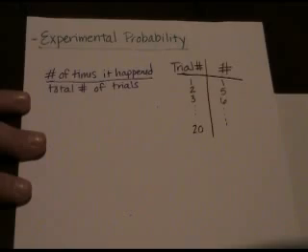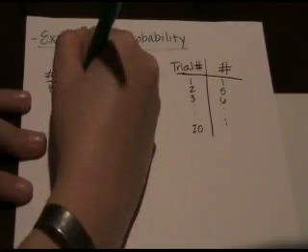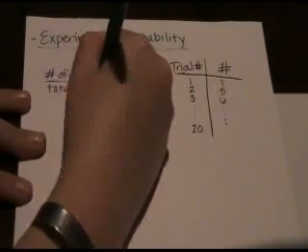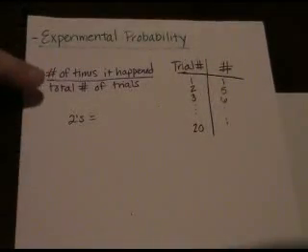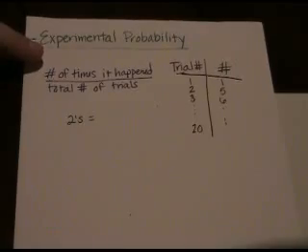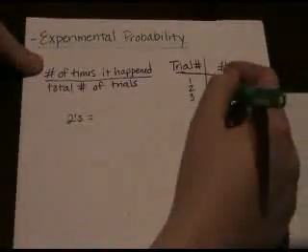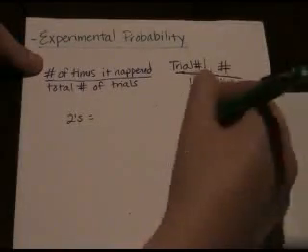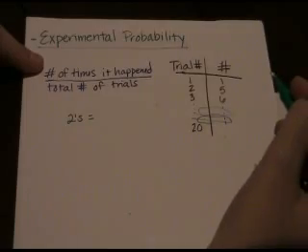Now, if we're trying to figure out the experimental probability of rolling 2s, we're going to say, well, how many times did 2s show up? We look through our data, we circle all of the ones that were 2s.